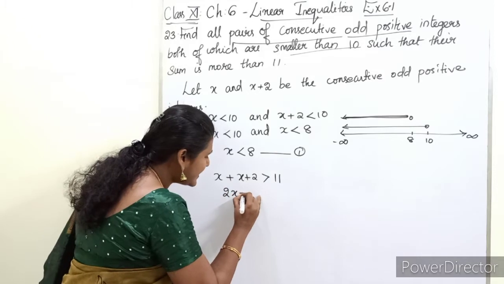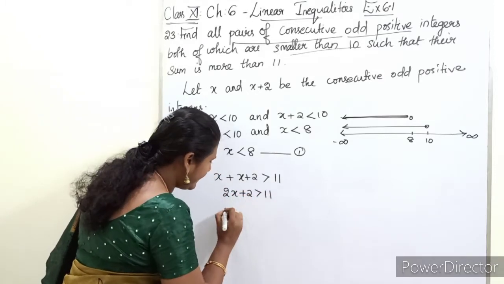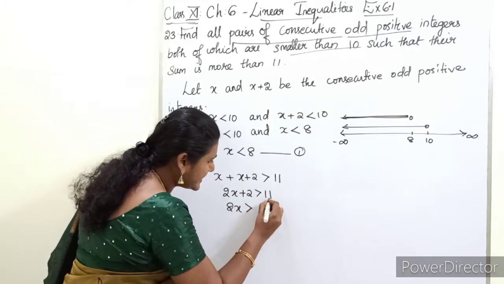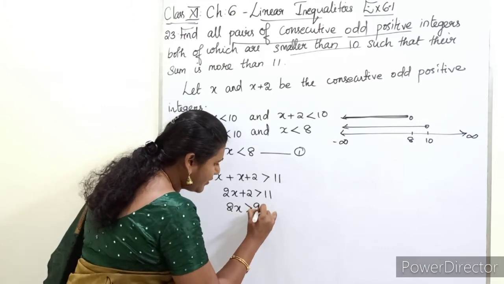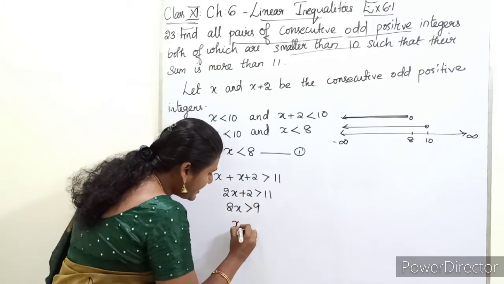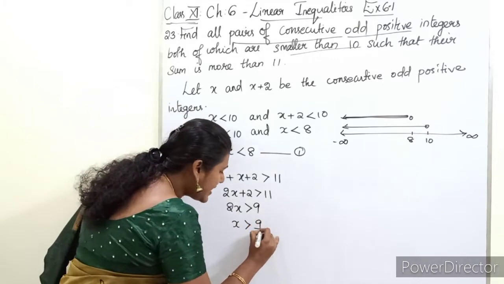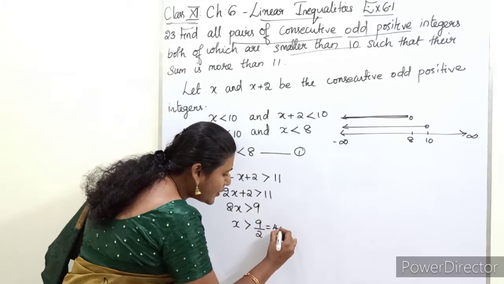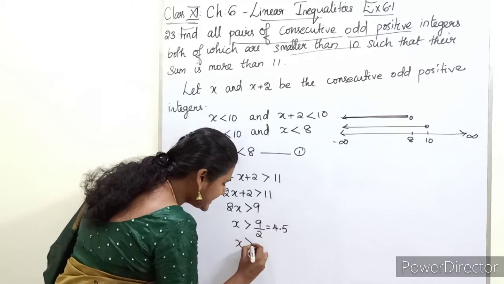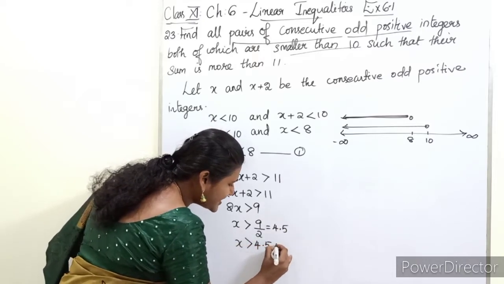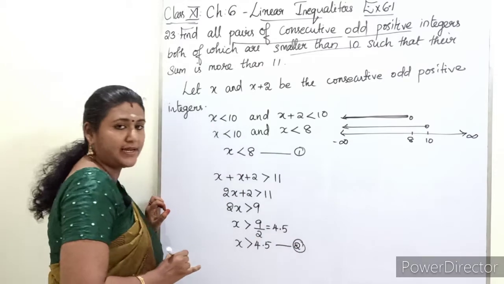So 2x plus 2 is greater than 11, that is 2x is greater than 11 minus 2, which is equal to 9. Now from this, x greater than, we will take this 2 to this side, so 9 by 2, which is equal to 4.5. So we got x is greater than 4.5. This is the second inequality.